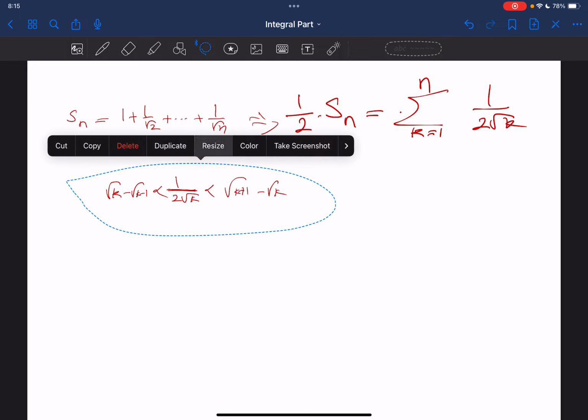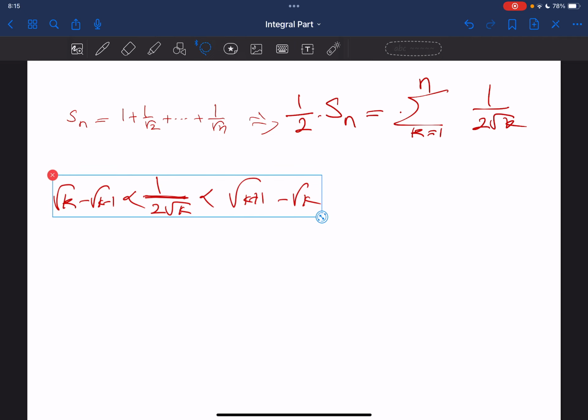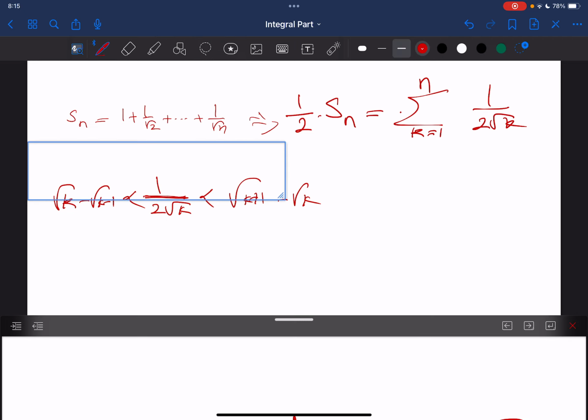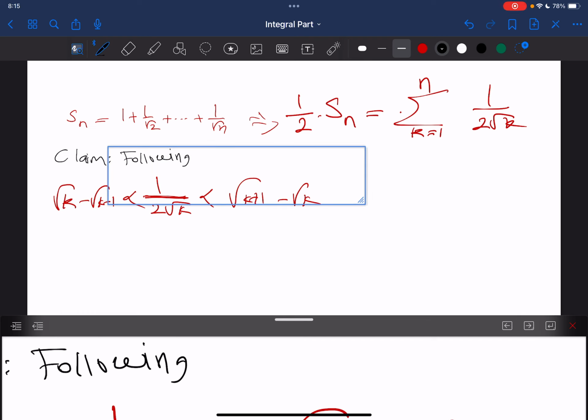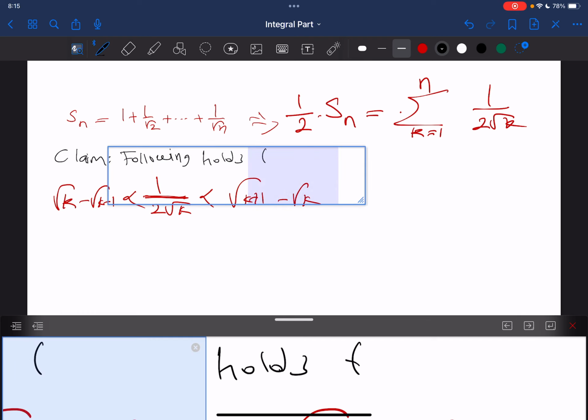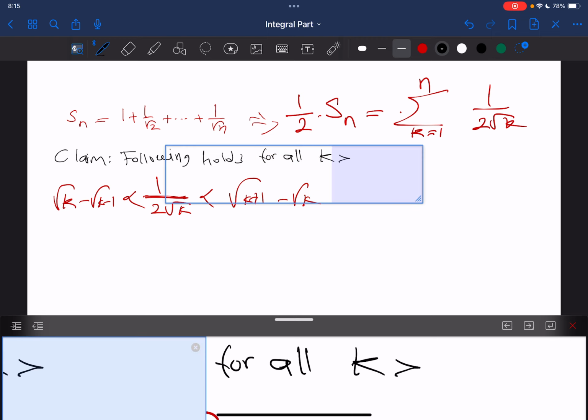So why is this true? Let's try to prove it. Claim: the following holds for all k larger than 1.